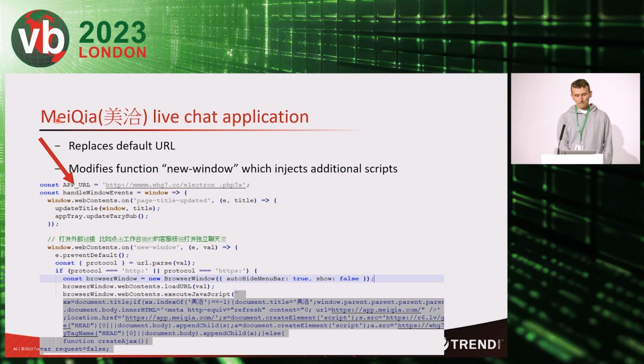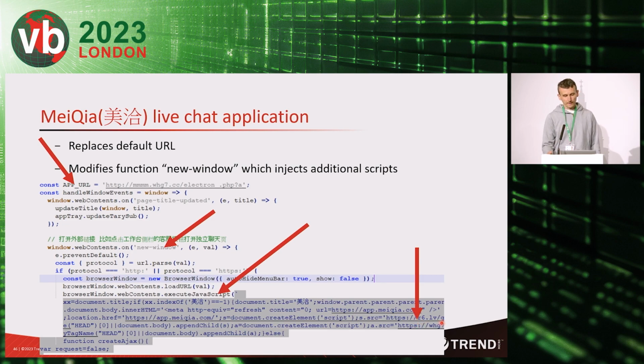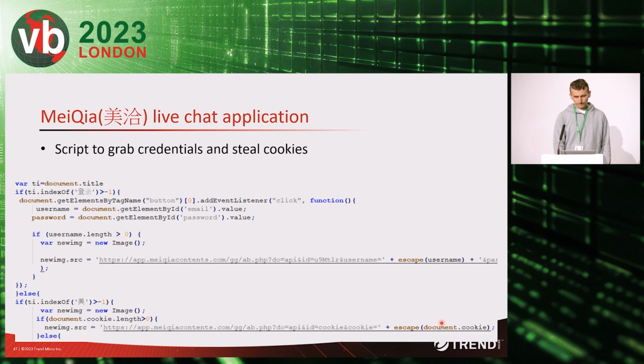Instead of the Meichia one, there is a suspicious-looking URL address. There is also an event on creation of a new window, executing JavaScript. Inside this piece of JavaScript code, you can notice suspicious domains which contain payloads that are then downloaded and executed within the context of the application.